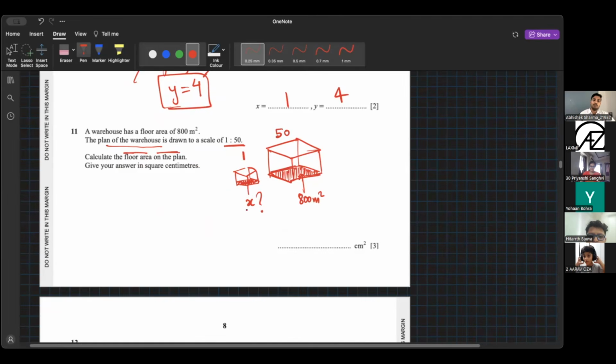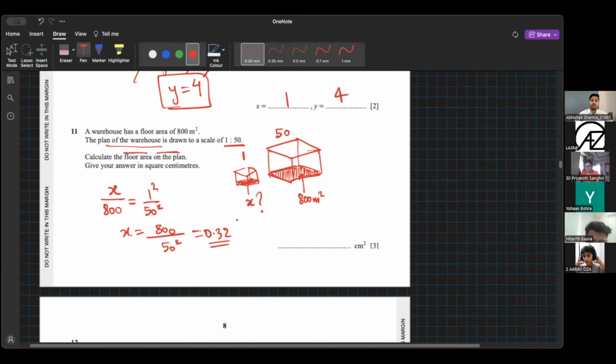Because we have to work out the value of x, we'll write it like this: x upon 800 is equal to 1 square by 50 square. Or we can make x the subject later. So x is equal to 800 upon 50 square. That is 800 divided by 50 square, and we are getting 0.32.